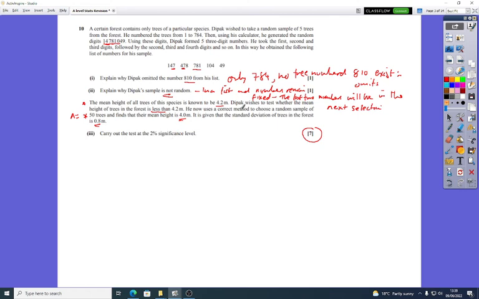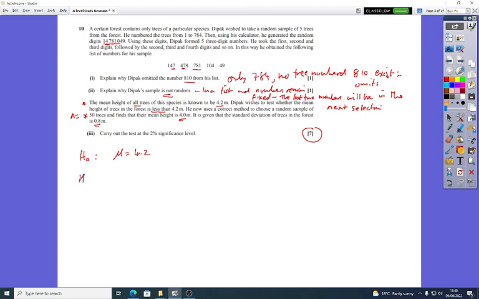Now there's quite a bit of information here. First of all, we've been told that the mean height in the forest of all the trees, of the whole population, is 4.2. And we can say that is our mean for the null hypothesis. DPAT wishes to test whether the mean of the trees is less than that.